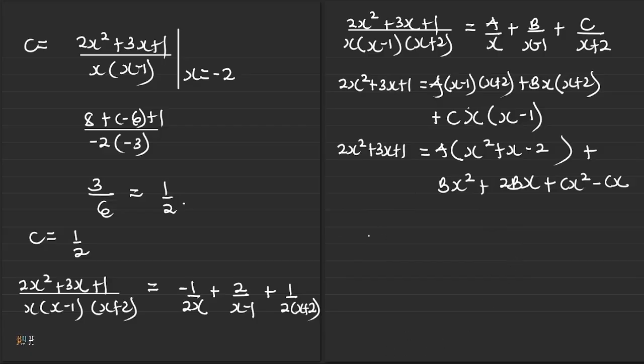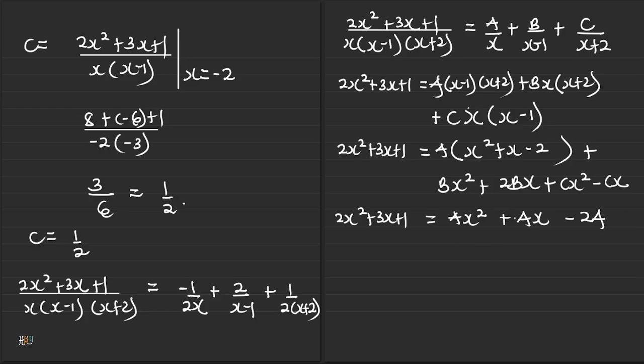So on our left-hand side, we maintain 2x squared plus 3x plus 1, which is equal to, opening our bracket, a times x squared, which gives us ax squared. Then a times x, we have plus ax, and then a times negative 2, giving us negative 2a.